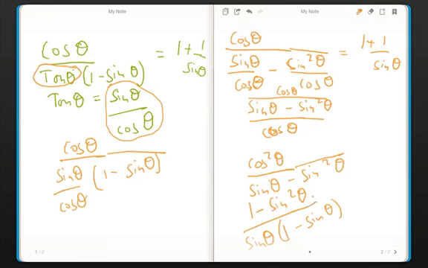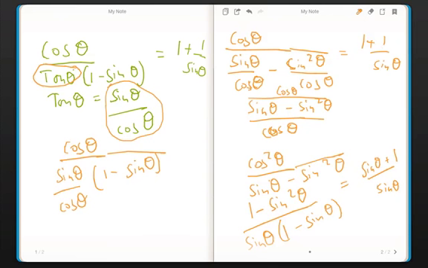And now if we take common on this side, we have sine theta common, and we have sine theta plus 1.